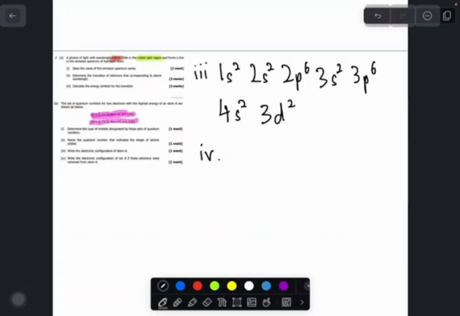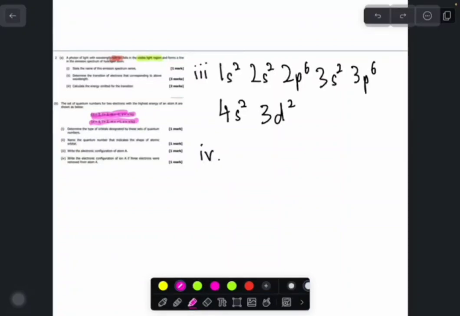But that's the wrong concept guys, because you have to understand that this top part is usually arranged according to the Aufbau principle, from the lowest energy to the highest energy. But it doesn't necessarily mean that it's the valence electron.